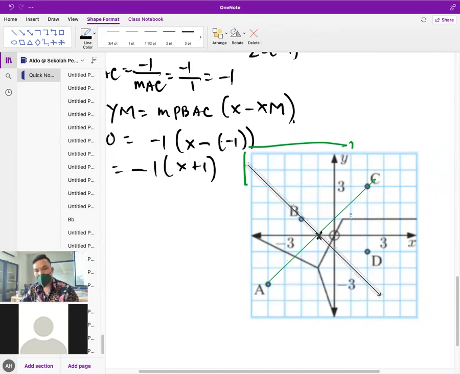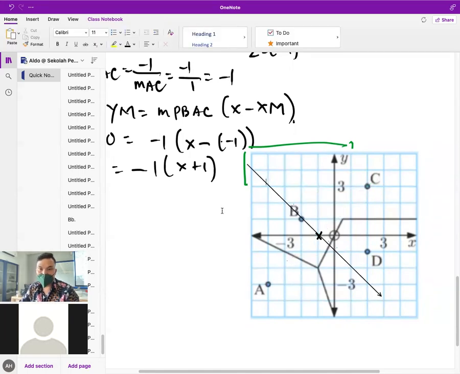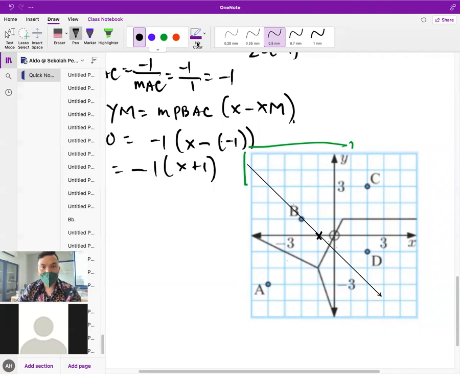Okay. So this one is no. Therefore, we can draw. Okay, we can draw with the highlighter. So A is green. A to B, this one. A to C, this one. And then A to D, this one.